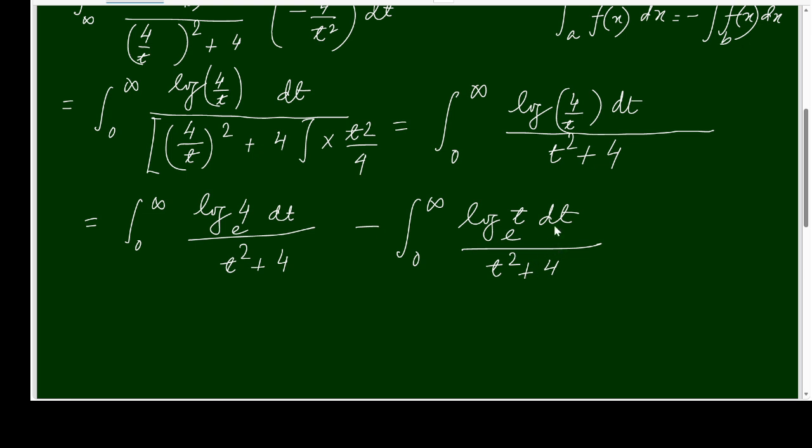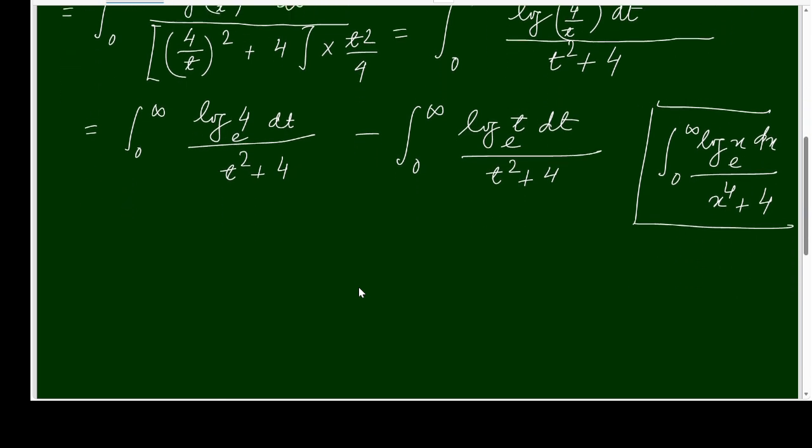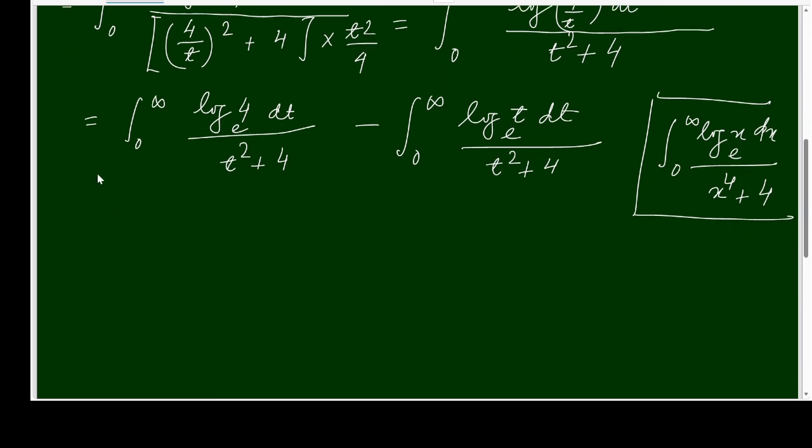If we'll see the second one, if we'll change the limit, it will be 0 to infinity log x dx by x square plus 4. These two are same. So I can shift this, making twice I. It was the I. This is nothing but the same as I.